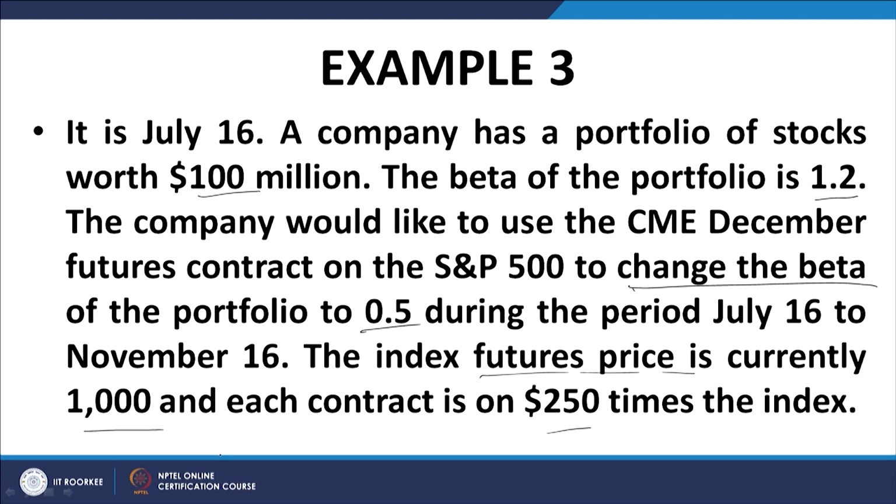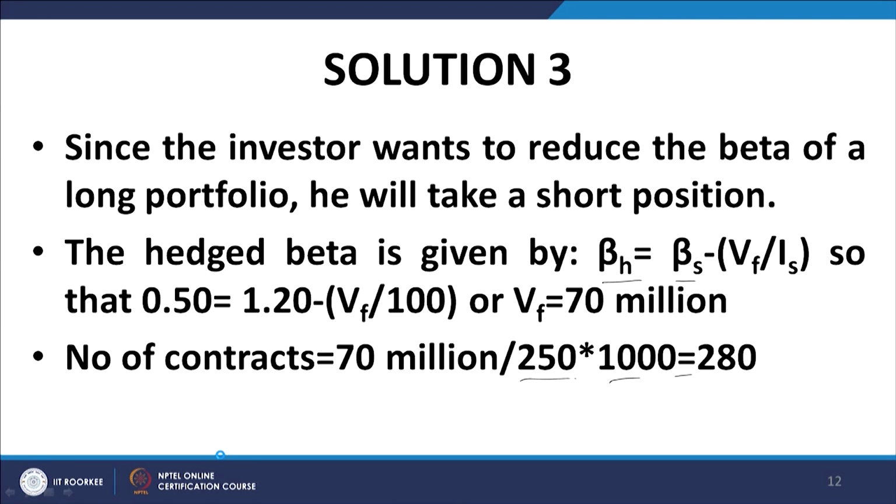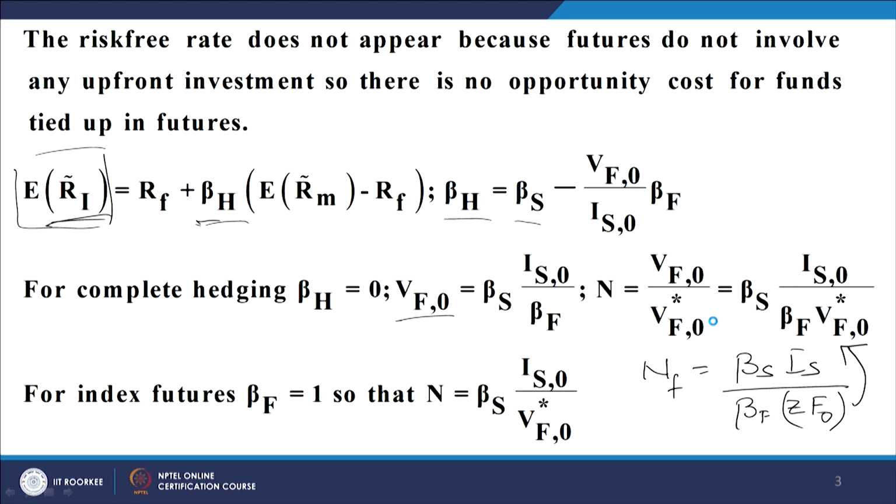So, 70 million divided by 1000 into 250 is equal to 280, which constitutes the number of contracts. As far as this formula is concerned, you can again go back and have a look. Yes, beta h is equal to beta s minus the value in the futures market, the value of the hedge, divided by the cash exposure into beta f, which is 1.